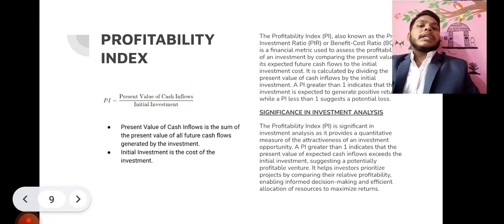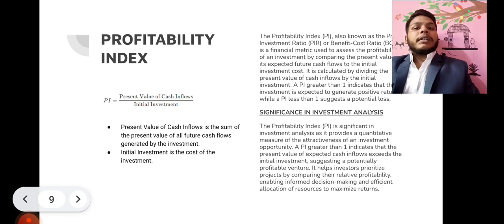A PI greater than 1 indicates that the present value of expected cash flow exceeds the initial investment, suggesting a potentially profitable venture. It helps investors prioritize projects by comparing their relative profitability, enabling informed decision making and efficient allocation of resources to maximize returns.